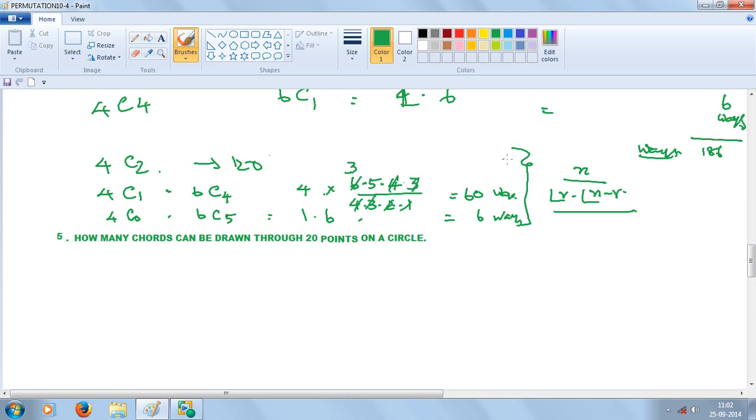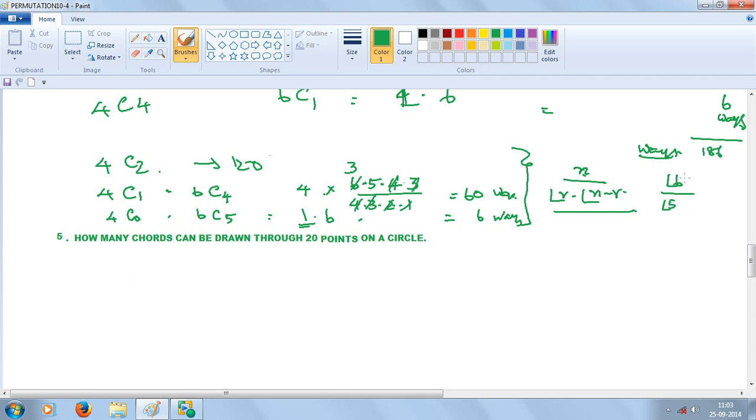For example, if it is 4C0, here n will be there and this will get cancelled. Factorial r is factorial 0, so it is just 1. For 6C5, n is 6, so factorial 6 divided by factorial 5.